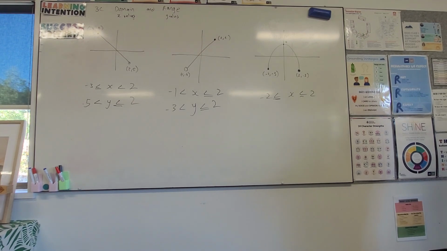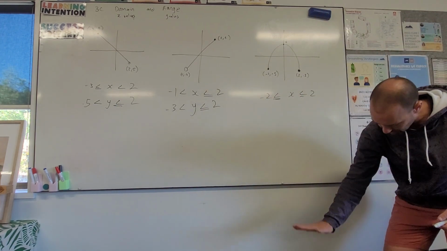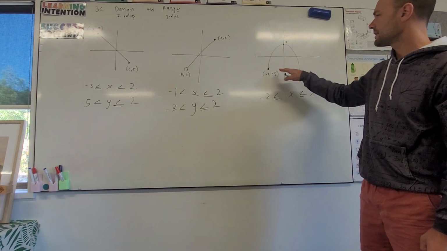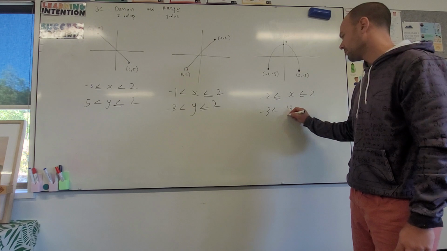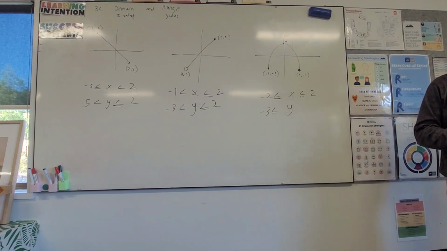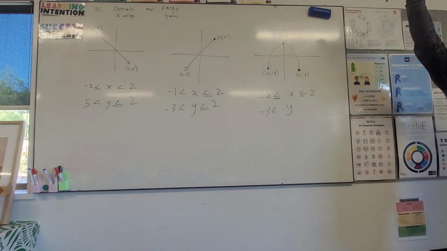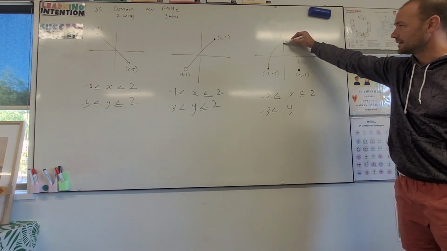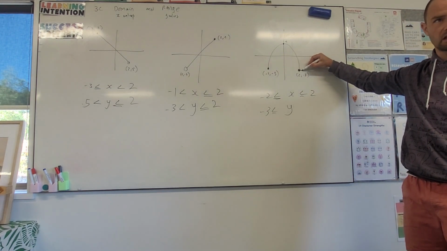How about our range? For our range, we ask, what's the lowest point, the point closest to the ground? Both of these are equally close to the ground. We'll say the lowest y value is -3, and it is included. What's the highest y value? +4. That's here. So it won't always be at the extremes of the line.